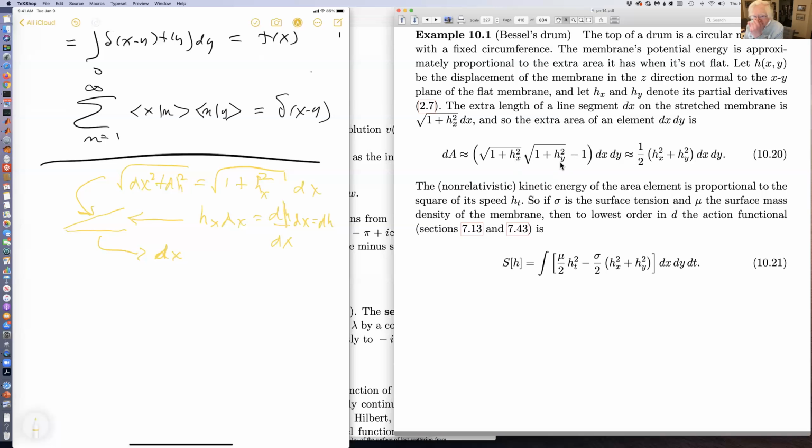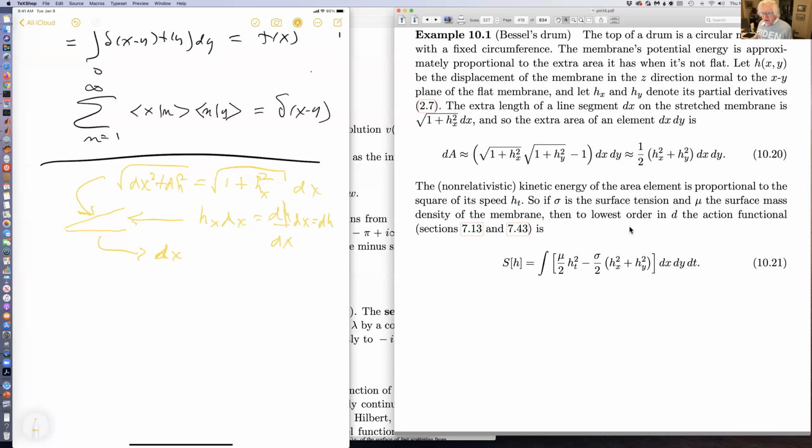This is actually something that's useful to think about even if we weren't talking about a drum. So that's why it's useful to do this example for Bessel functions. Anyway, the kinetic energy, of course, is the square of the speed of the displacement.